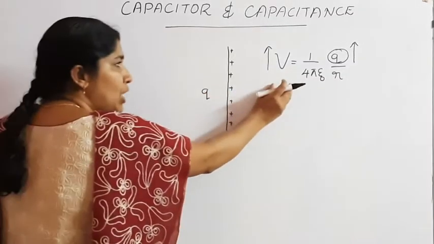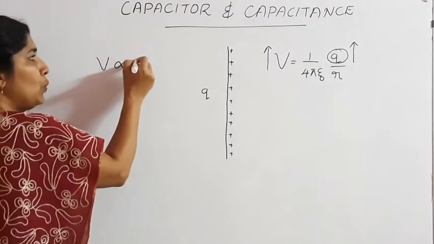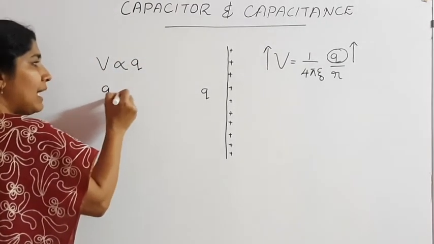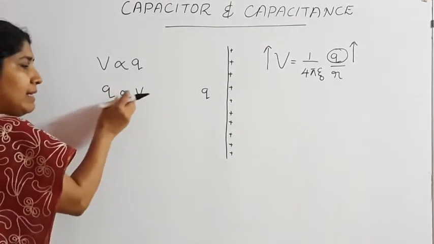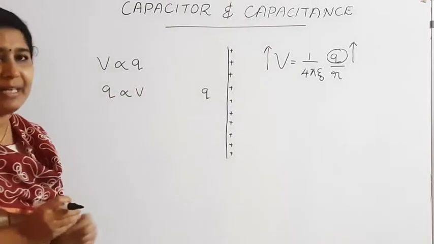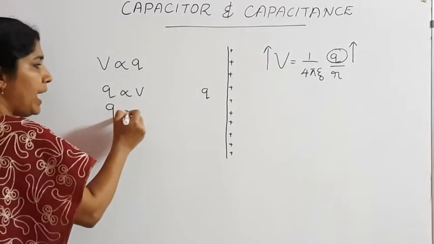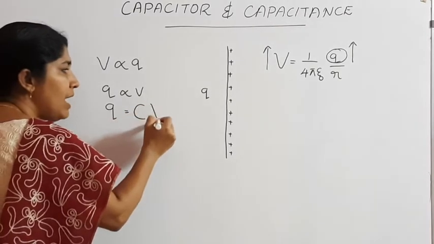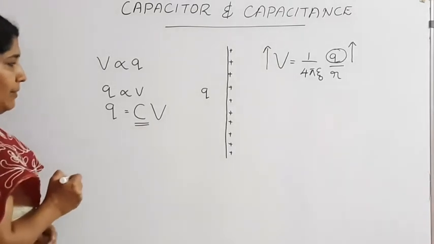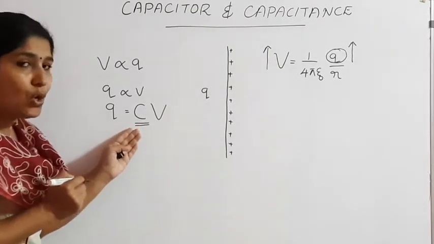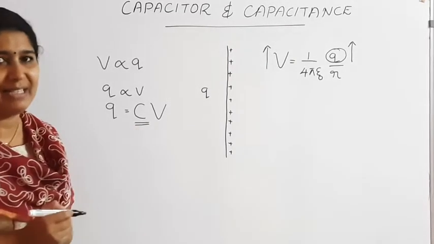So from this equation, V is directly proportional to Q, or Q is directly proportional to V. From this, we can write Q equal to a constant C into V. This constant C is known as the capacitance of the capacitor.